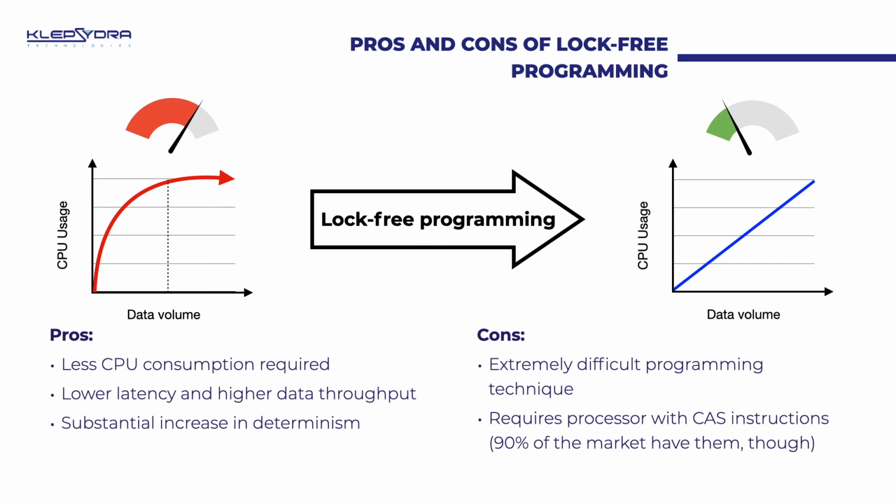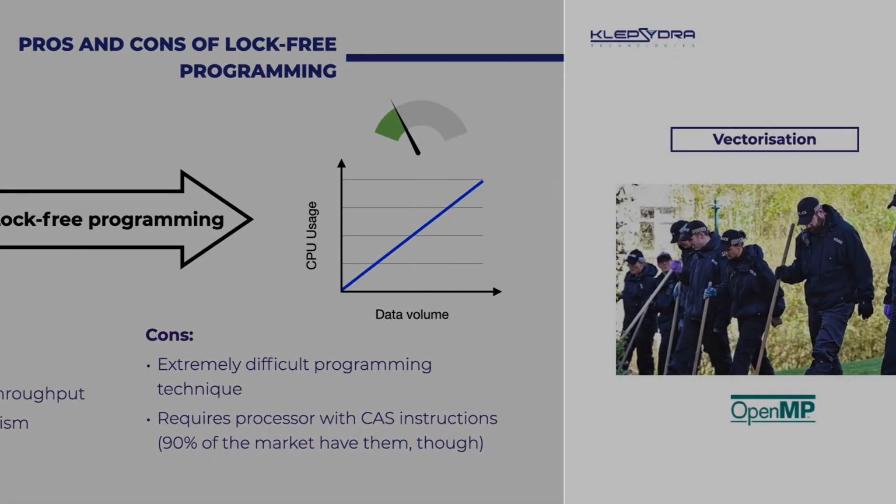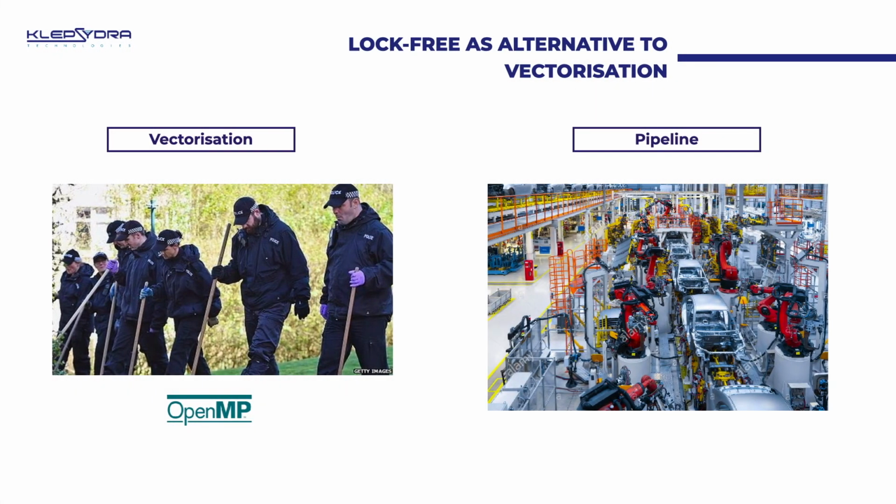There is another small issue with the processor, because not all processors have the CAS instruction, but I would say 99% of the market, even in the space sector, is already covered, so not really a big deal.